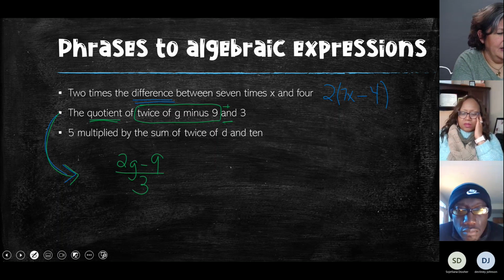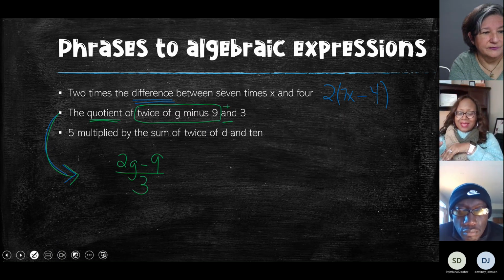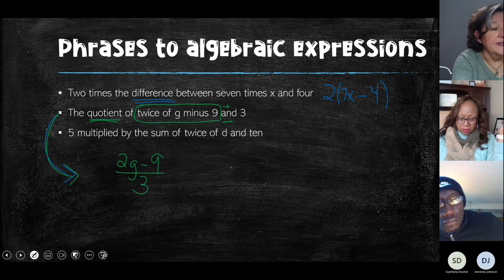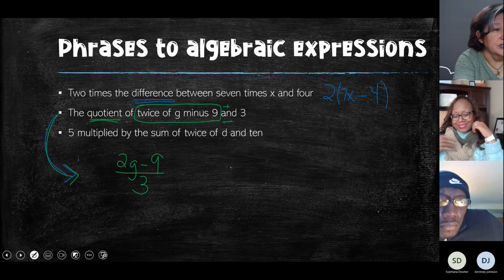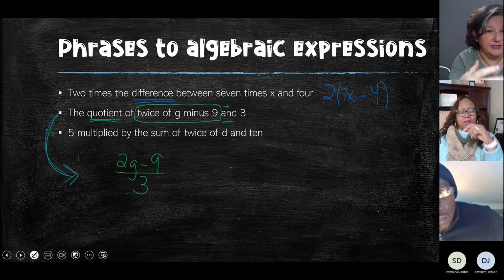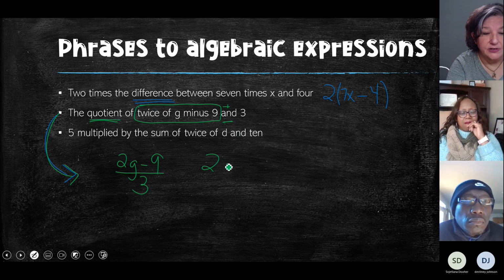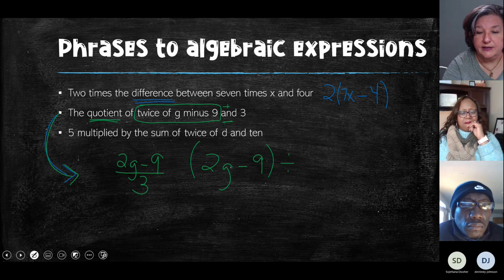Okay. So Samantha, in this case, when you were talking, I consider that bar and as some kind of rule. Yes. Well, now the quotient. Yeah, because I wanted to write it as a fraction. You could also write this as 2g minus 9, but if you're going to do it horizontally, you've got to put the parentheses there.